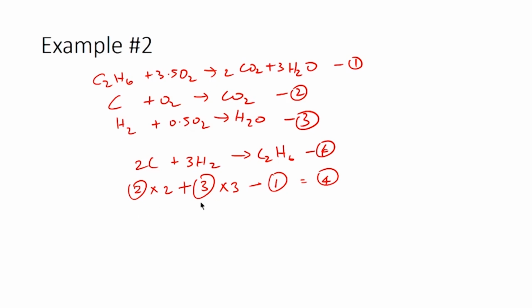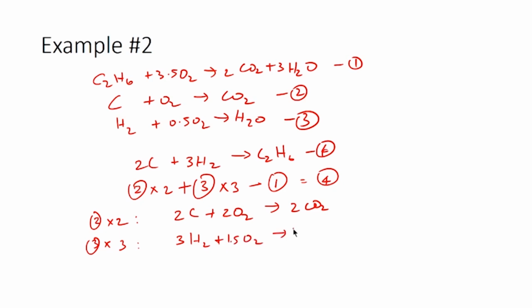When I do this operation, 2 times reaction 2 would look like 2C plus 2O2 gives 2CO2, and 3 times reaction 3 would look like 3H2 plus 1.5 O2 gives 3H2O.